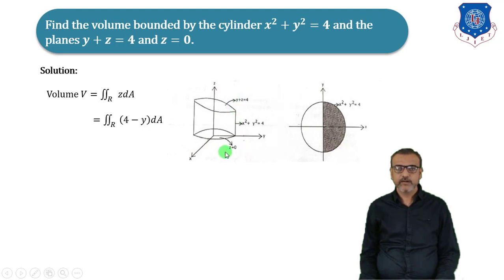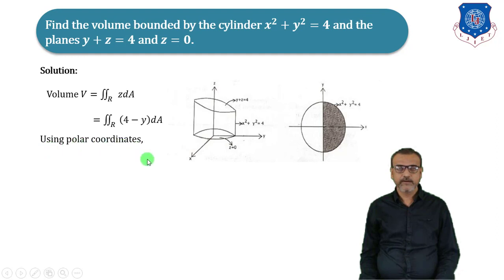You can see from the diagram that this is the z equals 0 plane, and this is the y plus z equals 4 plane, and in between these two planes we have a cylinder x square plus y square equals 4, and we have to find the volume of this cylinder, which is bounded by the z equals 0 plane and y plus z equals 4.